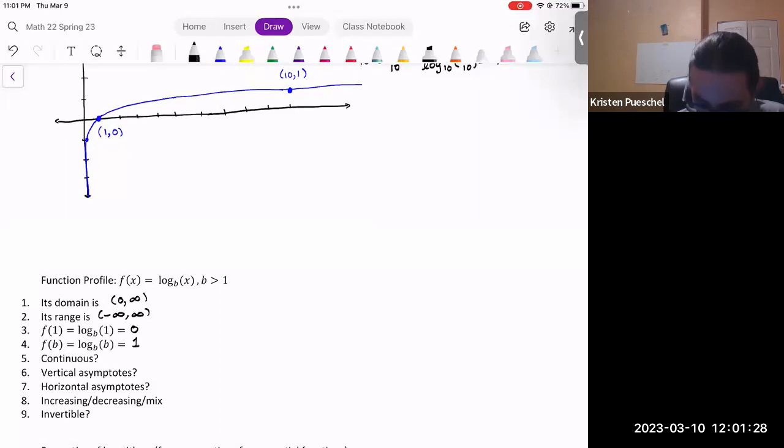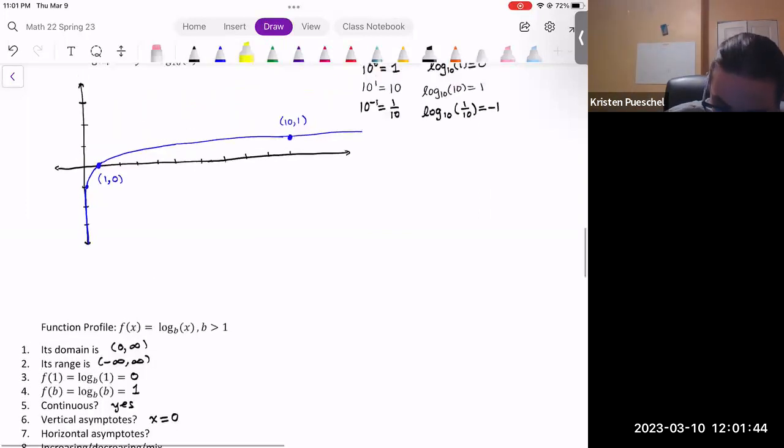It has no breaks or jumps in it, so it's continuous. It does have a vertical asymptote of x equals 0. This is a vertical line that our graph gets close to. We get really close to this vertical line here at x equals 0.